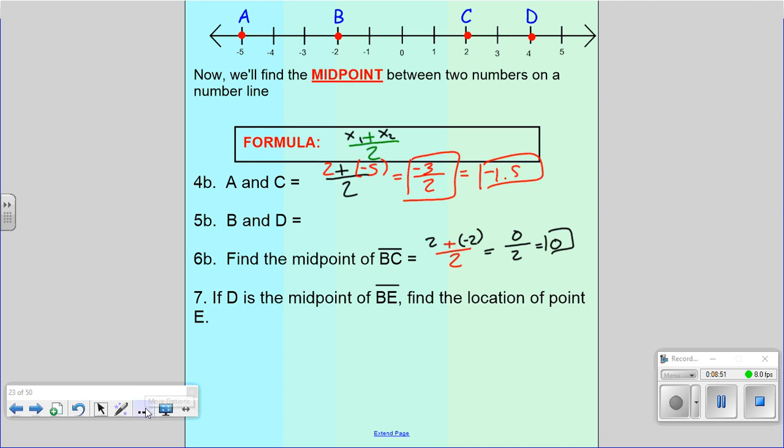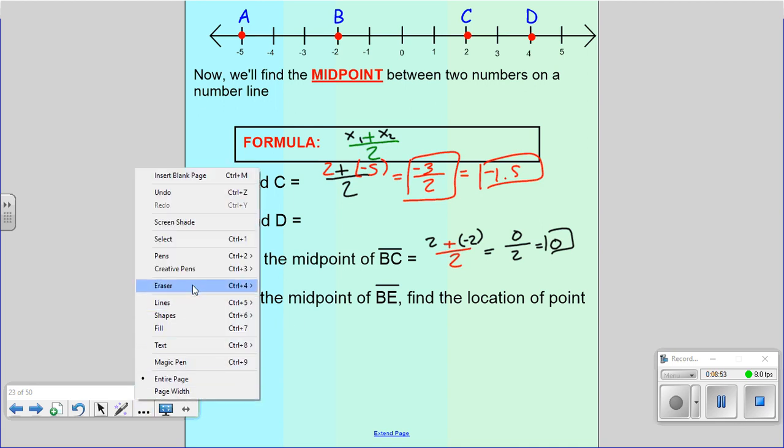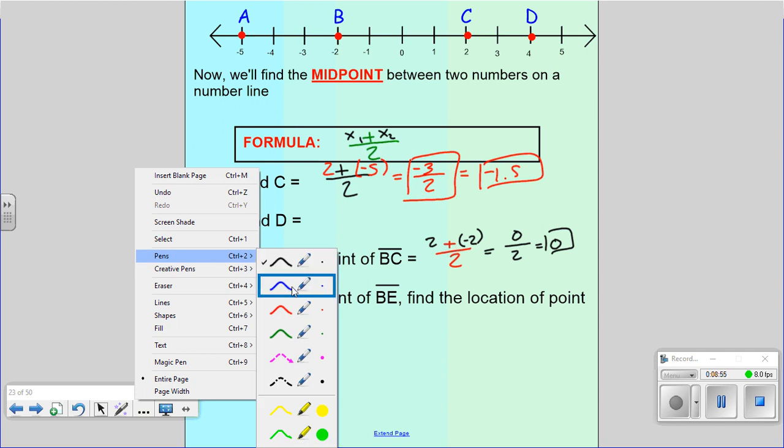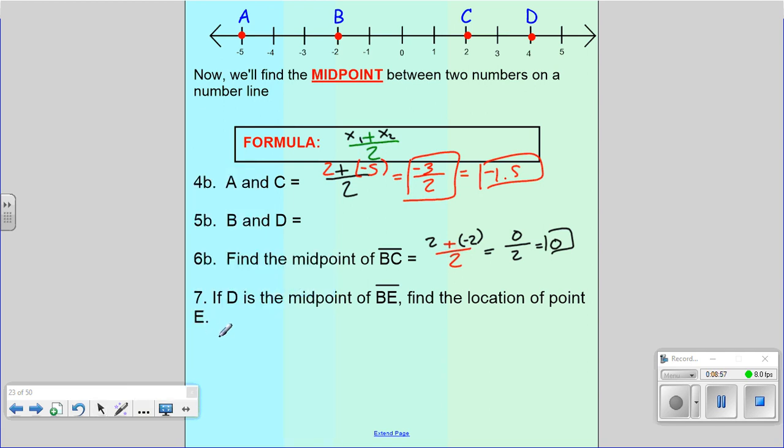So the first step in this process is to find the distance between B and D. To find the distance, we put BD without the bar because that represents length or measure, is equal to, use the distance formula, so absolute value with the minus sign.